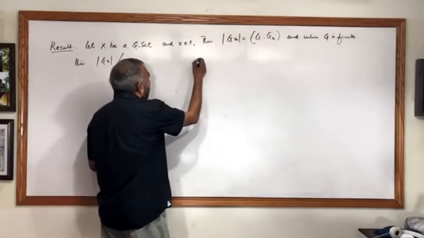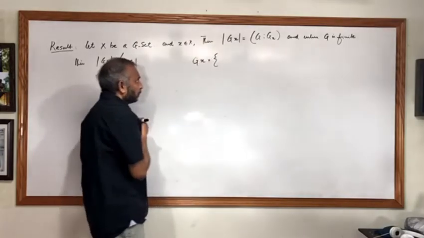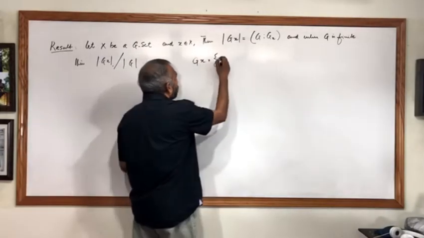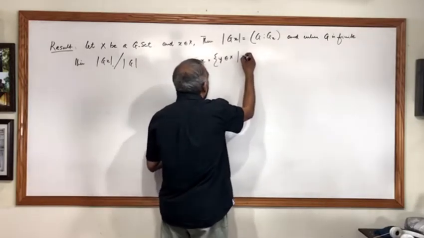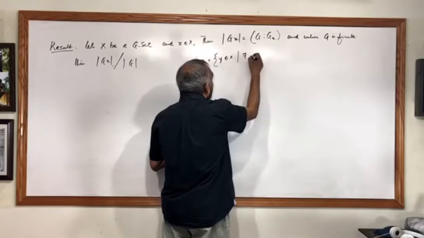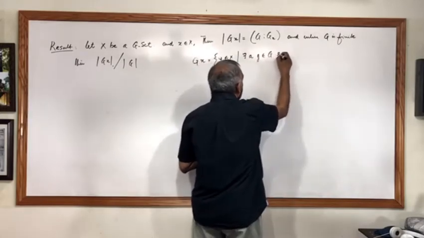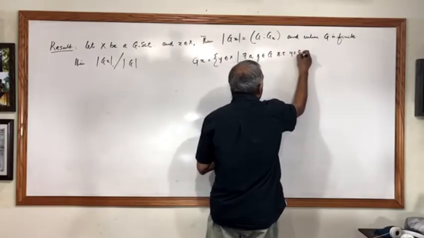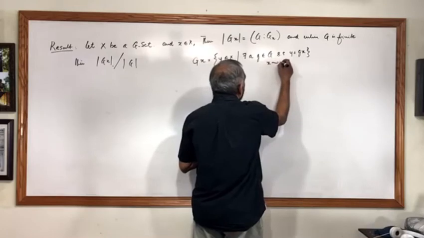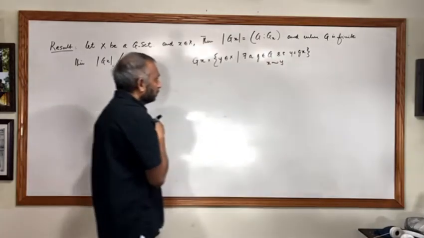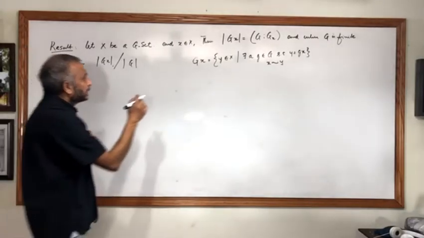Gx is defined as the elements y from X such that there exists a g in G such that y is equal to gx. Or in other words, x is related to y. That is Gx.